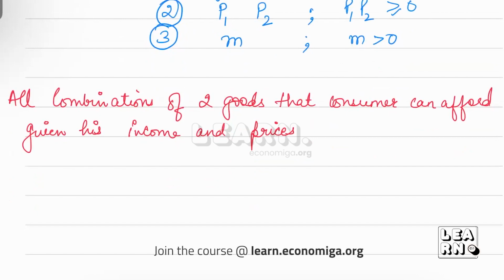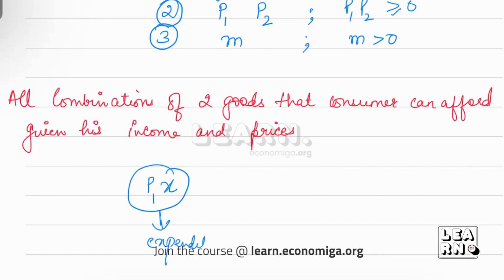Mathematically speaking, if P1 is the price of good 1 and X is the amount of good 1 you're buying, then P1 times X is the expenditure on X, right?